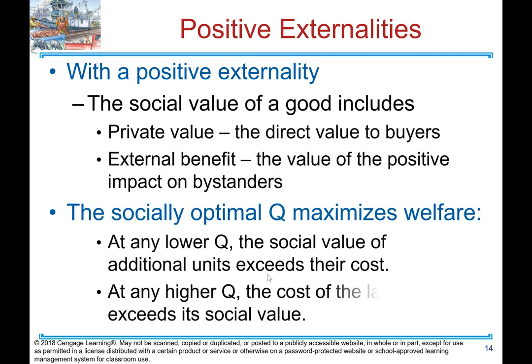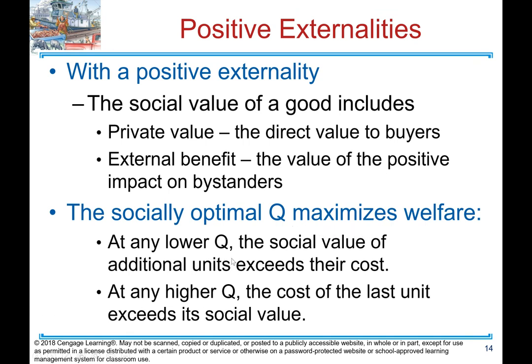With a positive externality, social value of a good includes private value, the direct value to buyers, and external benefit, the value of the possible impact on a bystander. The socially optimum output maximizes welfare.